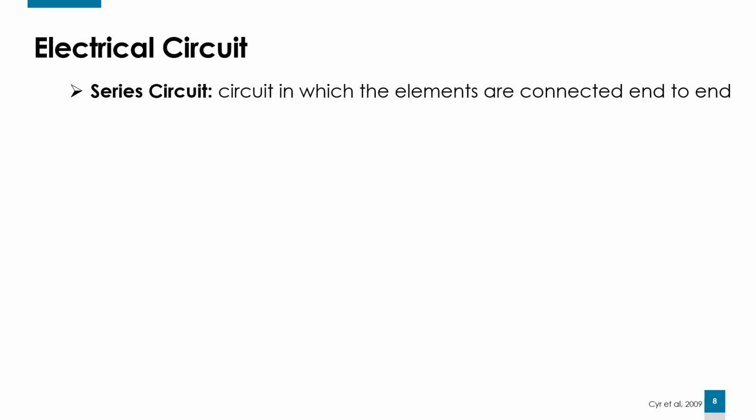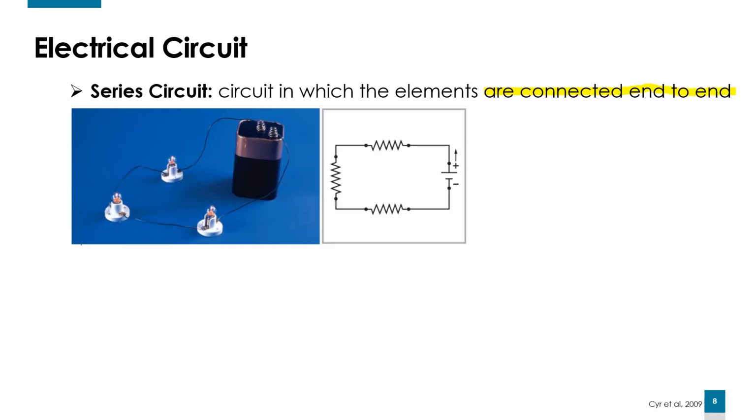Let's talk about the series circuit first. A series circuit is a circuit in which the elements are connected end to end. So they are connected end to end in a single line. Here I start, for example, with this battery connected to three lights. And these lights are connected in the same line.